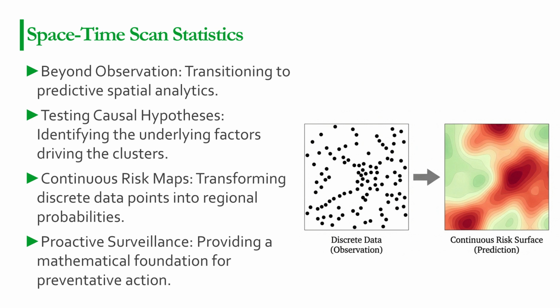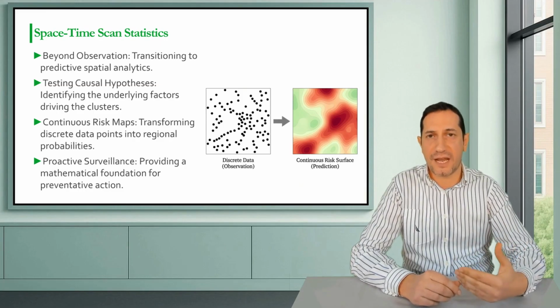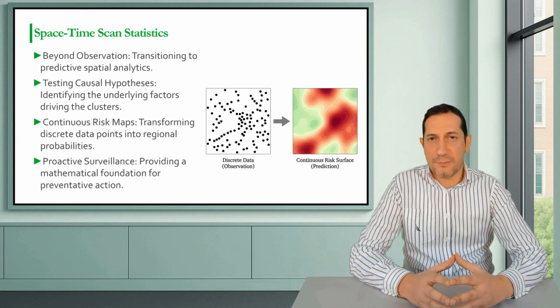This turns a map of scattered infected farms into a continuous heat map. The heat map estimates the probability of disease for any geographic coordinate, even in places where cases have not yet been reported. With this approach, veterinary services can shift from reactive response to proactive surveillance and targeted prevention.